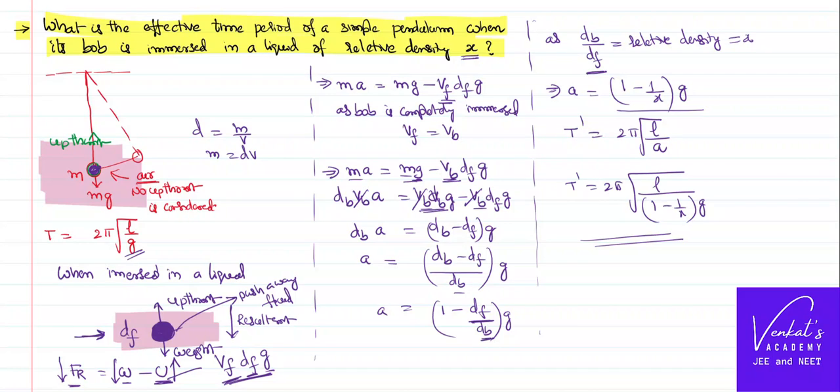The acceleration is less than g because g minus something is there. As it is less than g, the denominator is smaller, so the time period will be more. So we get a different time period in this case compared with the earlier case of the simple pendulum in air.